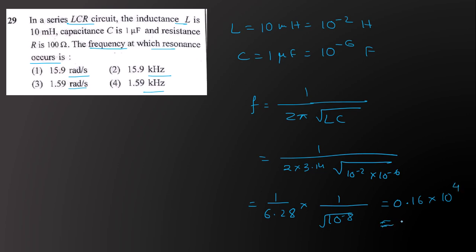This is only approximate, so this will be equal to 1.6 into 10 power 3 hertz, or simply 1.6 kilohertz. So approximately, when we calculate, the answer comes to be option number 4. Let's move on.